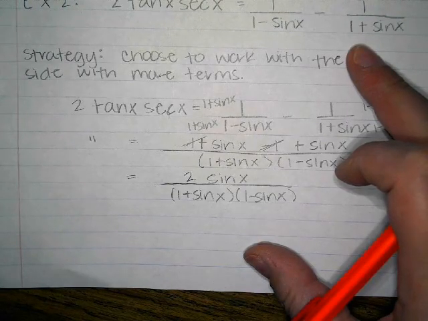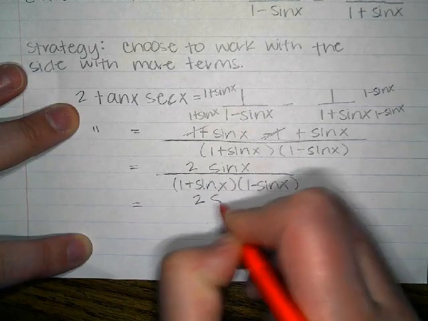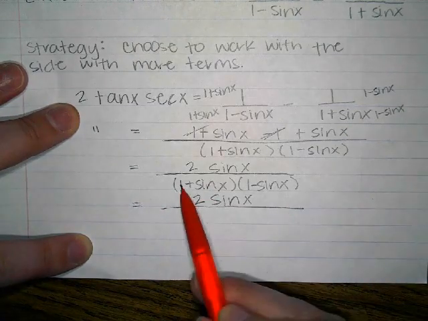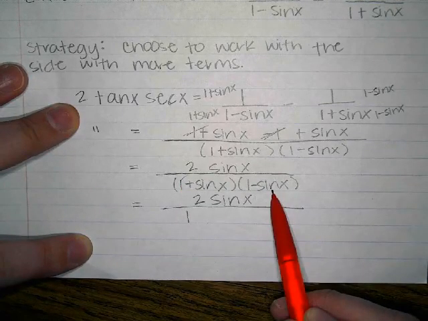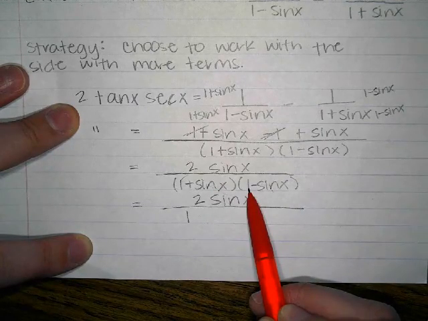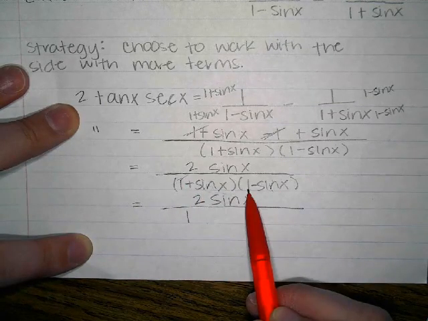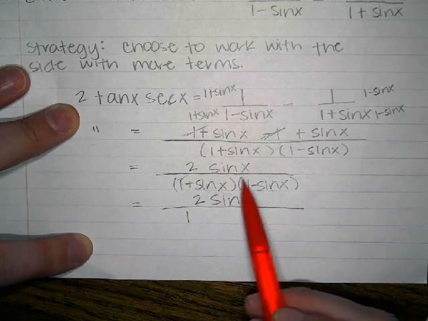So I'm going to leave 2 sine x on the top. If we FOIL the bottom, we get 1 times 1 is 1. 1 times negative sine x, sine x times 1, positive sine. So we have a negative sine and a positive sine. They just cancel out, right? And then we have a positive sine times a negative sine, negative sine squared.